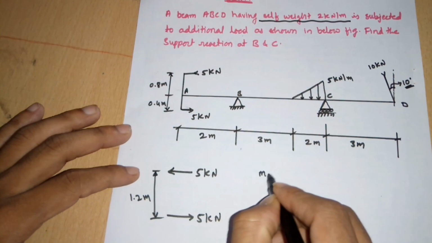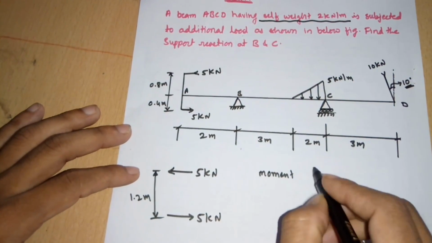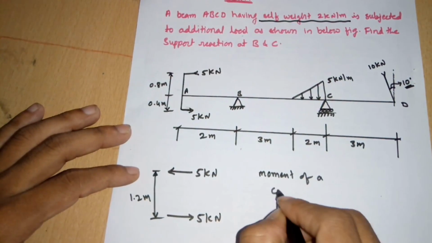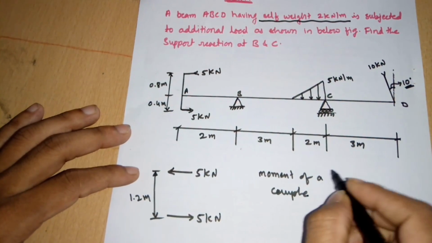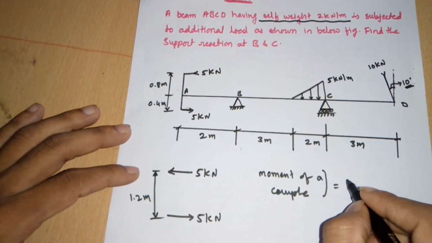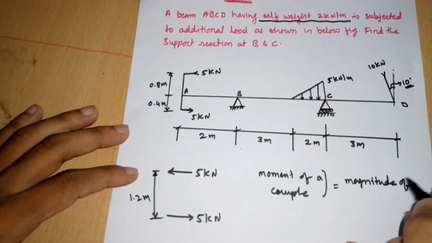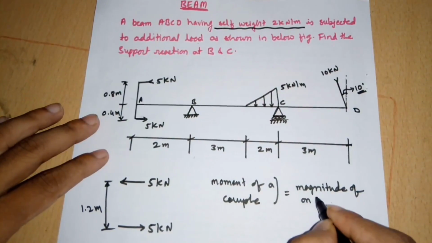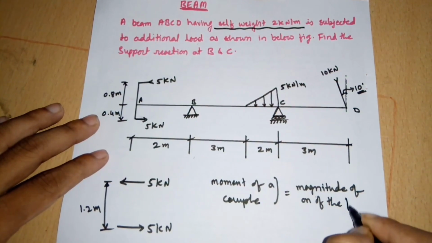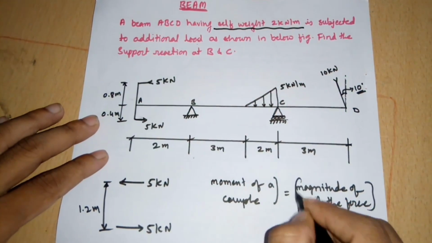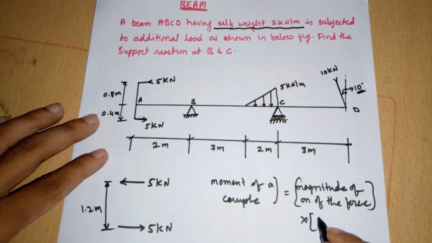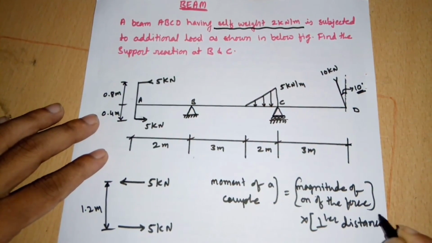So moment of a couple is equal to magnitude of one of the forces multiplied with the perpendicular distance.